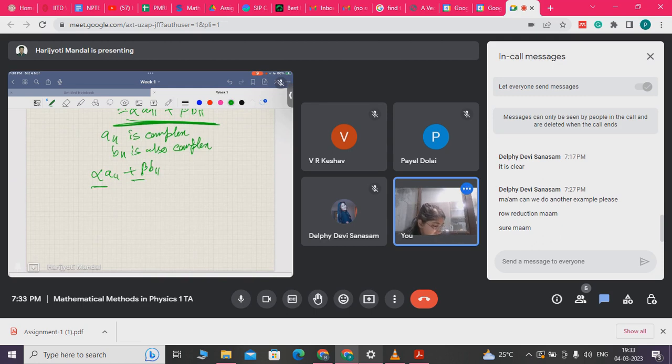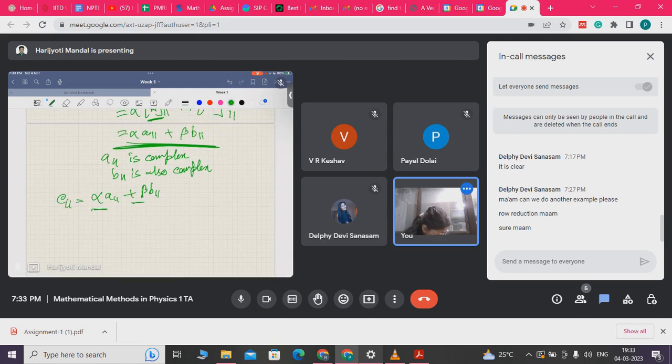So in alpha A11 plus beta B11, even if alpha and beta are real scalars, when a real scalar is multiplied by a complex number, it becomes a complex number. So C11 is a complex number.